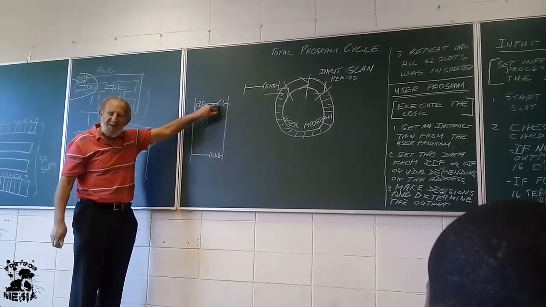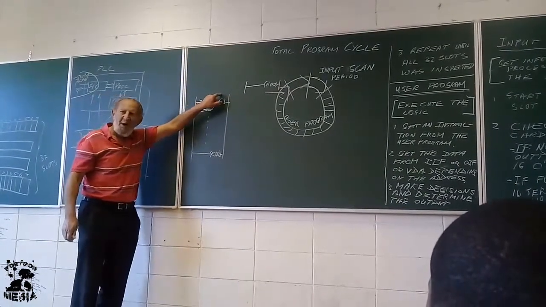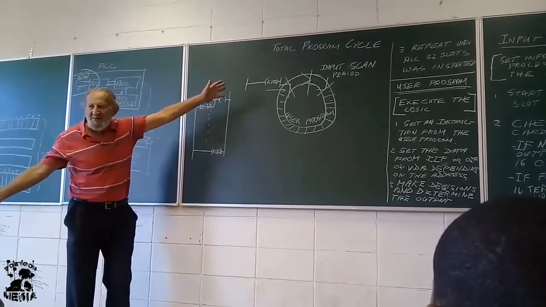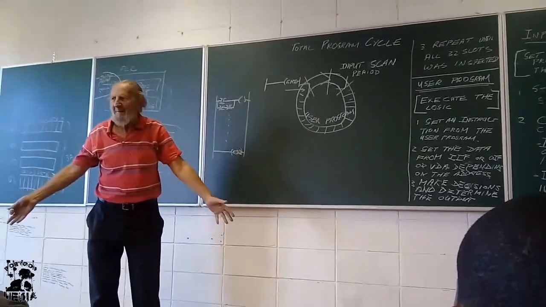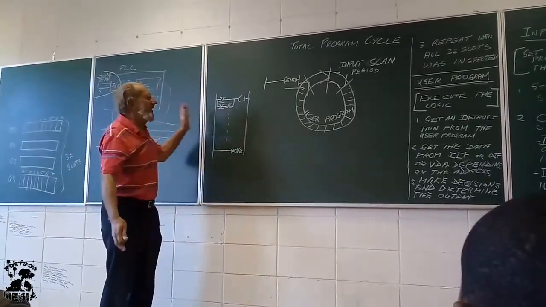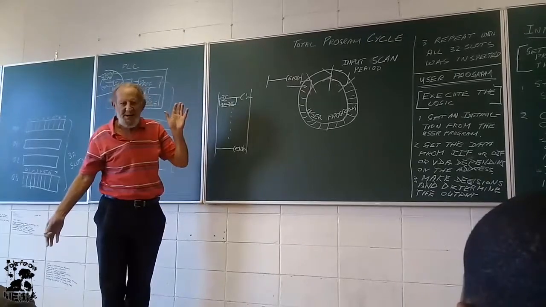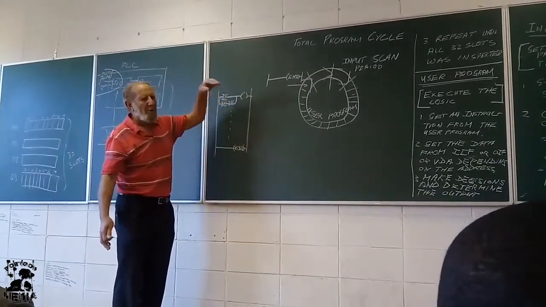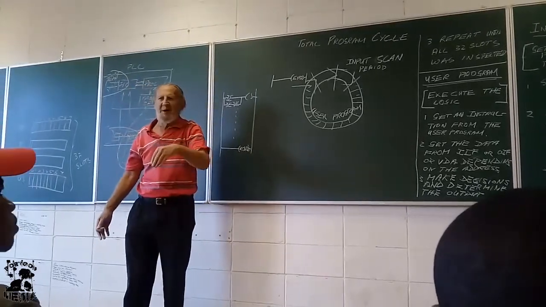That output address can start with O, or B3, or C5, or whatever. It cannot start with I. That doesn't make sense. The output is normally an O or some address in the variable data area.